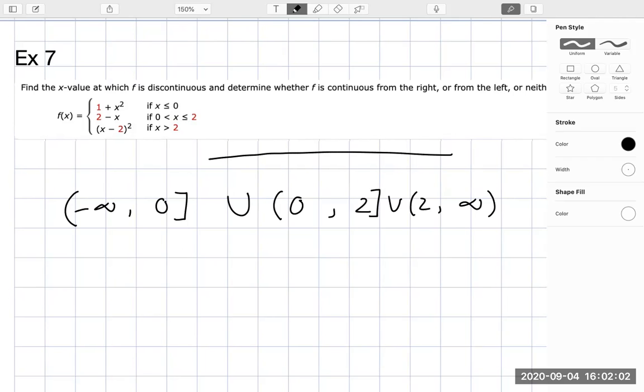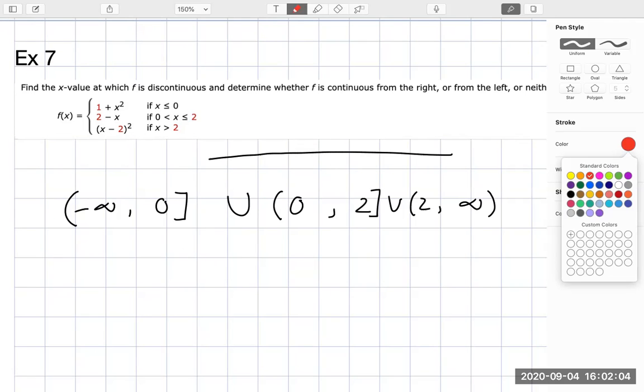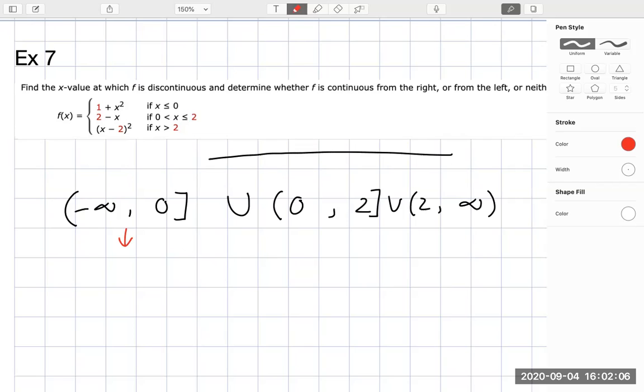We see that the first range, from negative infinity, we use 1 plus x squared. The second interval, we use this part. And the last interval follows x minus 2 squared.